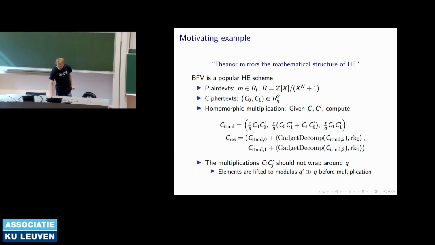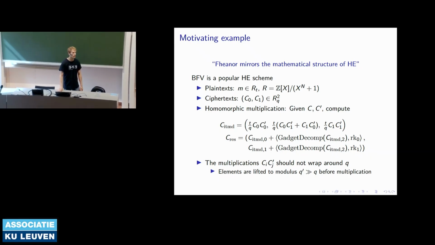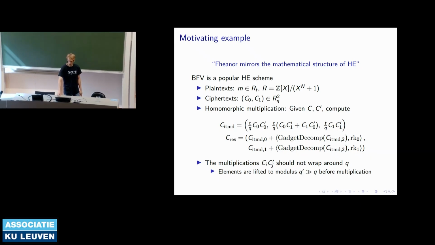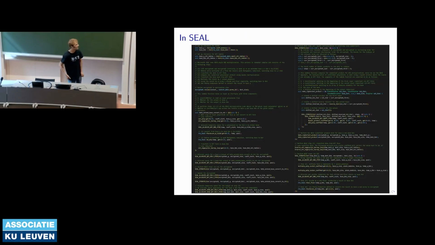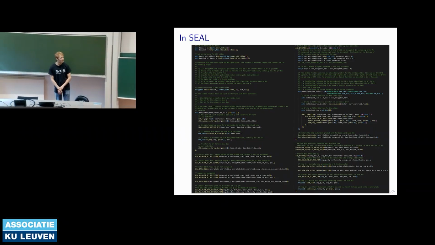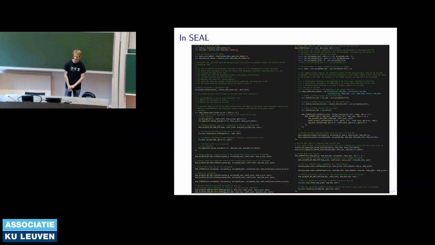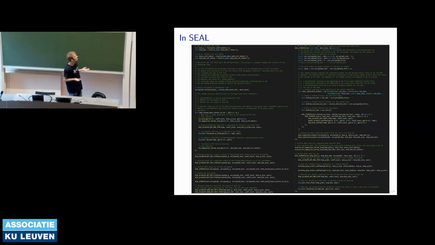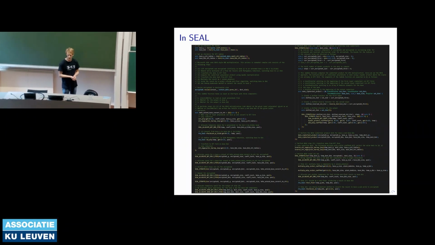If you look at the source code of the Microsoft SEAL library, which implements BFV homomorphic multiplication, then this is the code. I hope none of you can read it, because I don't want to go through the code. I just want to display that it's actually not that simple to do this multiplication.